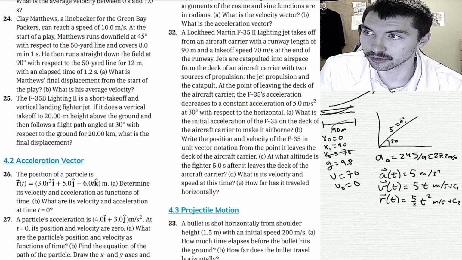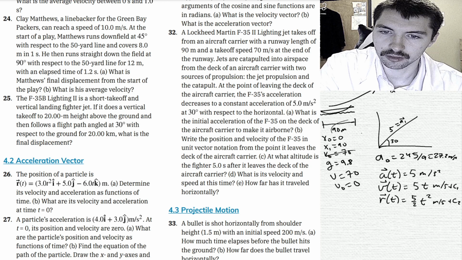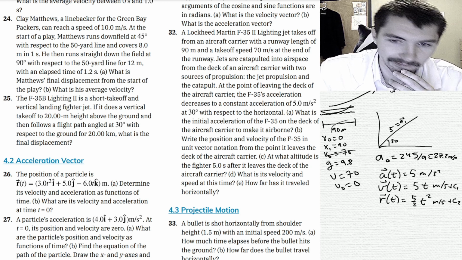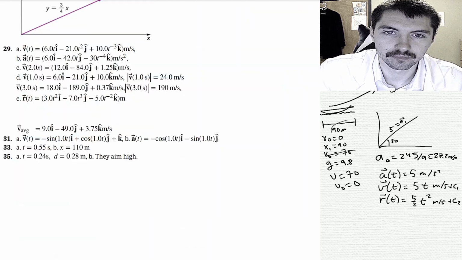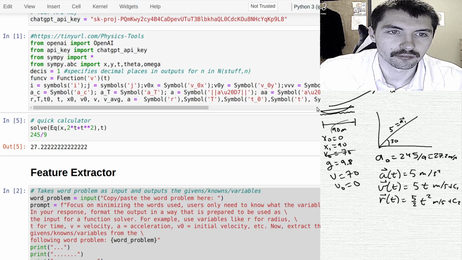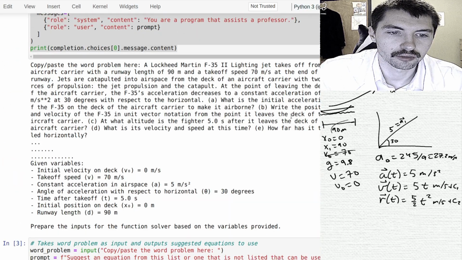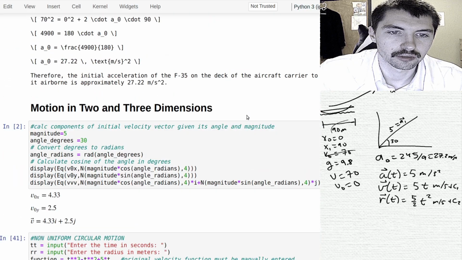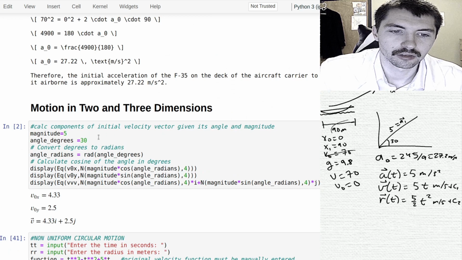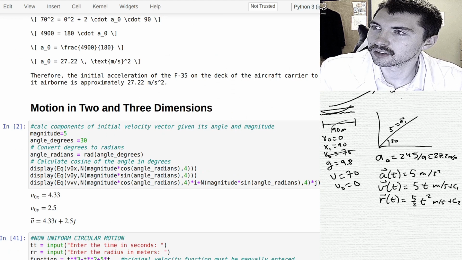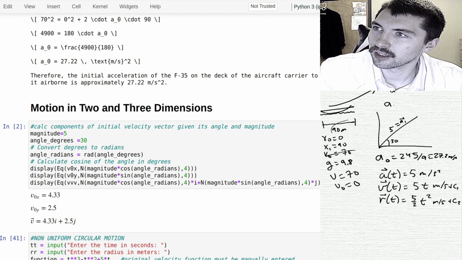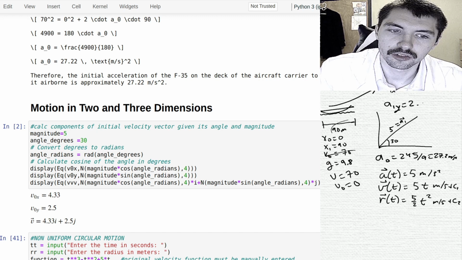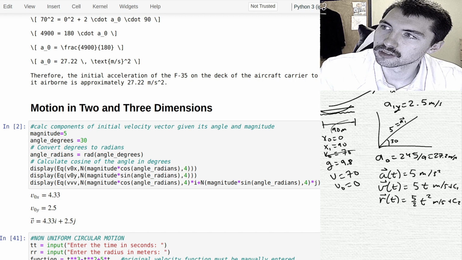Okay, so now we need to know the Y component. So we know it's 2.5j. So a1y is 2.5.